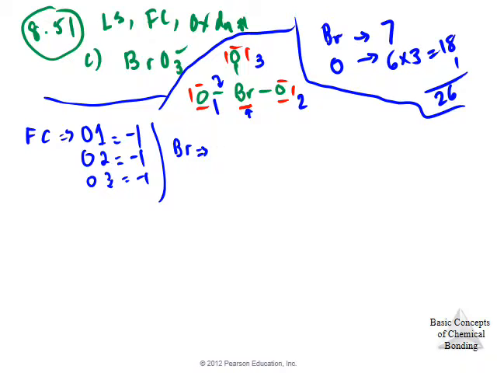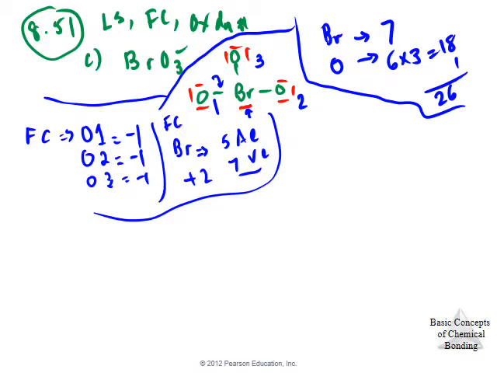So let me write down here 5 for Br, 5 assigned electrons, but it's supposed to have 7 valence electrons. It does have 5. So it lost 2 electrons in this reshuffling of electrons in the Lewis structure. Since it lost 2 electrons, Br has to have +2. So these are the formal charges. Let me write down here FC for each element in the Lewis structure that's shown here.